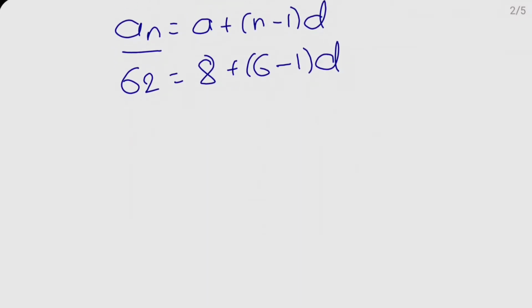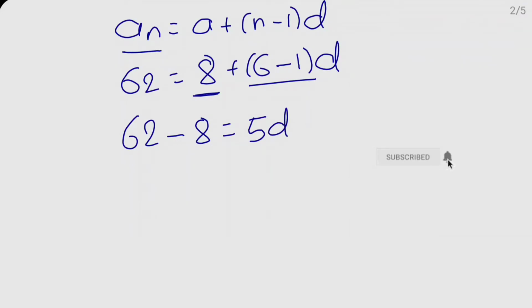So now here 62 as it is, this 8 comes in a LHS side, it becomes a minus, and this equal to 6 minus 1 is 5d, right? And here 62 minus 8 is 54, and this equal to 5d.